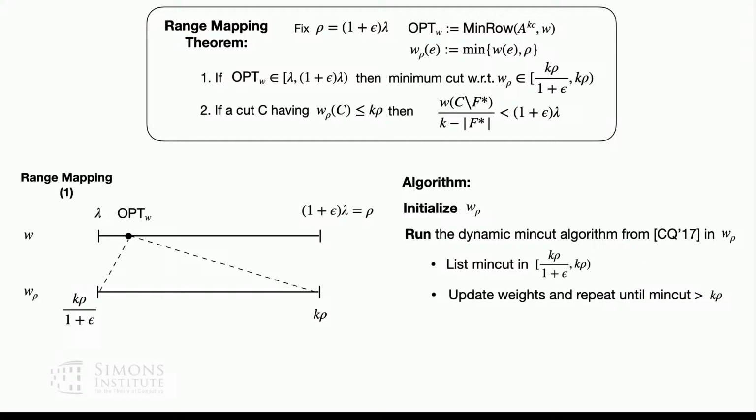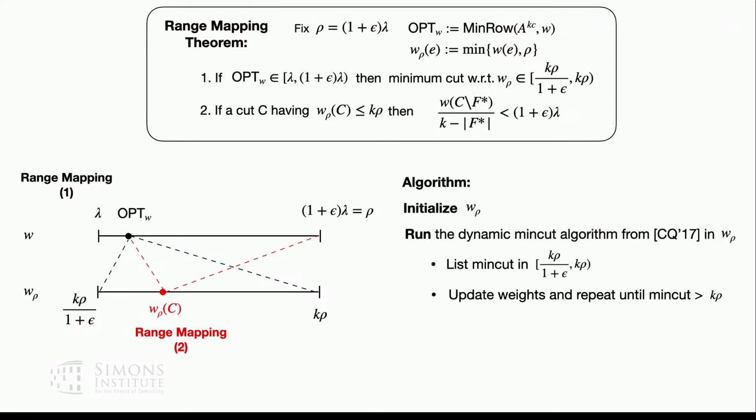To see how it works, let's say at the first iteration, inside the range, by the first condition of the range mapping theorem, we know that there has to be some cut inside this range in the second space. Because there is some cut, you can use the dynamic data structure to list this cut.